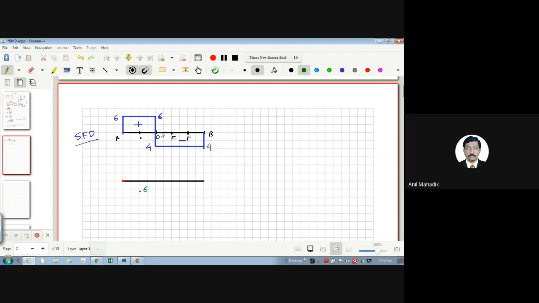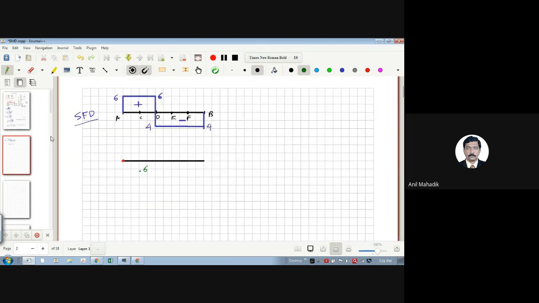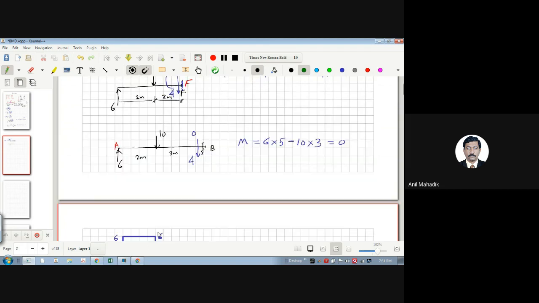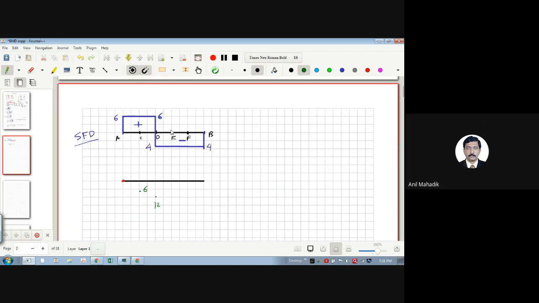What is the value just to the left of D? How much is the moment here? 12. Right? It is clockwise, which means again positive. So at this point something will come here. Take this as 12. Then how much is coming at point F? Clockwise 4. Clockwise means positive. So how much is coming at point F? 4.